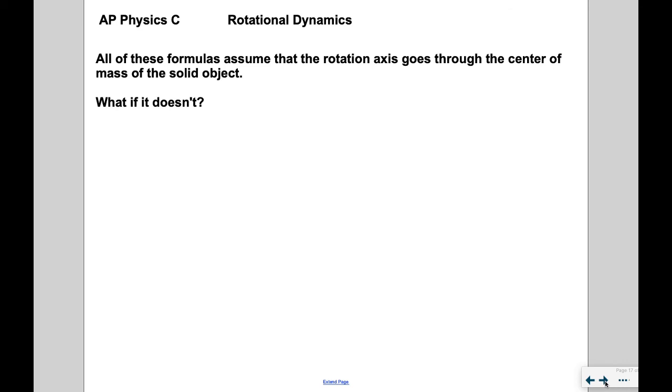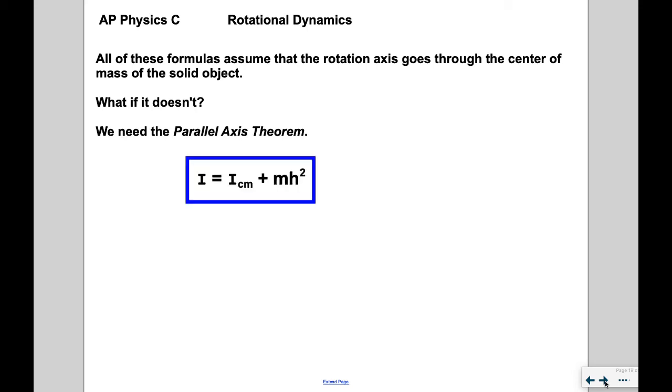Now these formulas that you see in the table assume that the rotation axis goes through the center of mass of the solid object. We're going to need to consider situations in which it does not. So if it doesn't, we need what's called the parallel axis theorem.